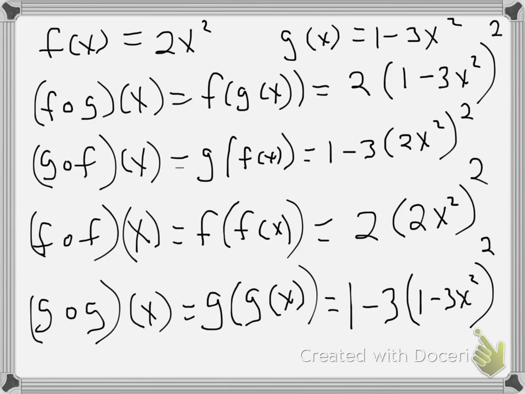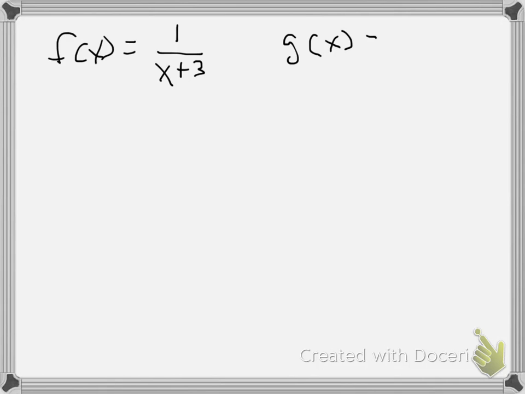Let's take a look at another one, one that's just a little more interesting. Let's say that I told you that f of x was equal to 1 over x plus 3, and that g of x was equal to negative 2 over x.